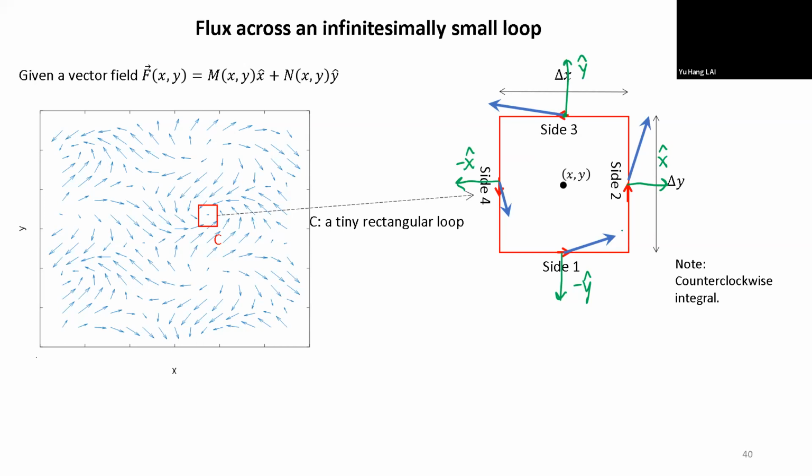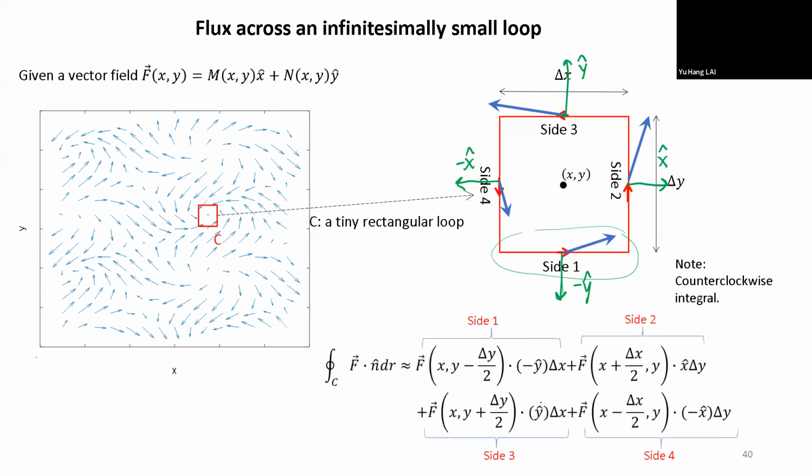So if I consider the flux across side 1, I need to take the dot product between this green vector and this blue vector and multiply by the length of this side. And the same thing for the other sides. So that's why you can see that my flux integral can be written as the sum of 4 terms.